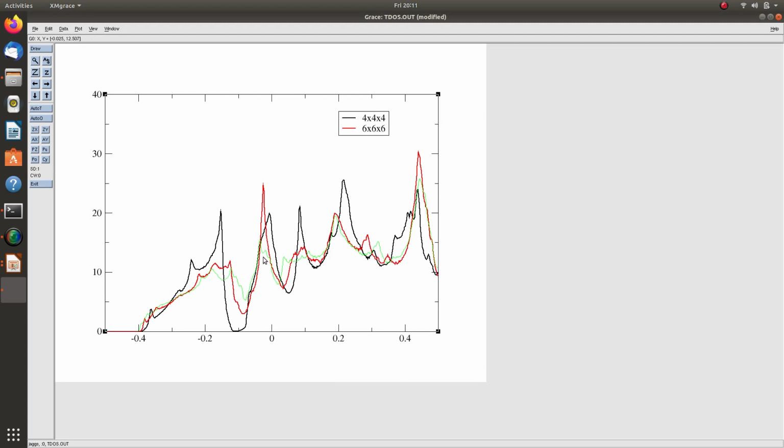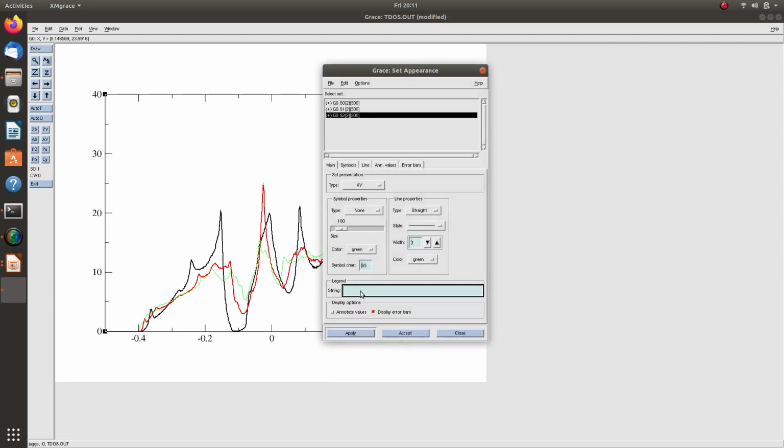This is for 8 cross 8 cross 8. Let me also put the total number of k points here, so that we know how many k points were taken. In this case it was 28, and in the first case it was 10.